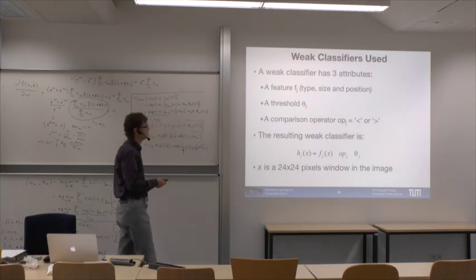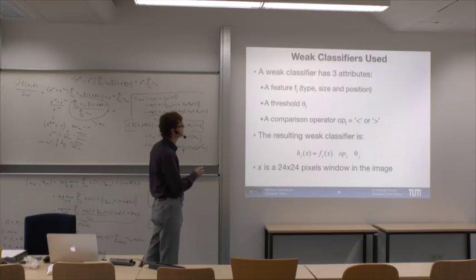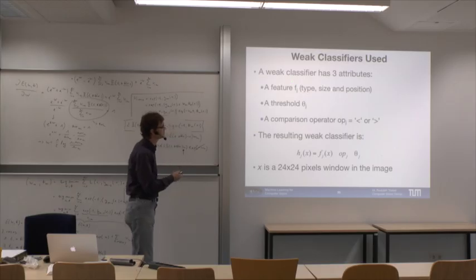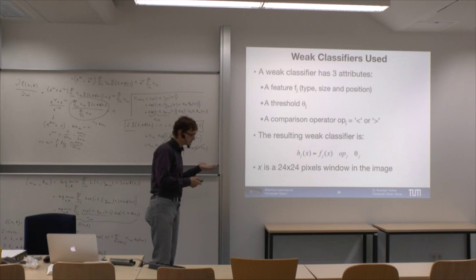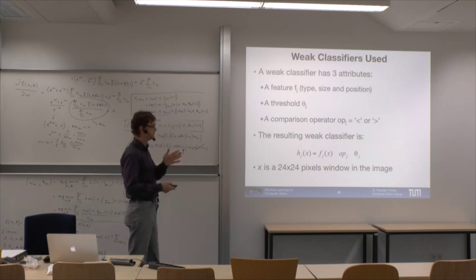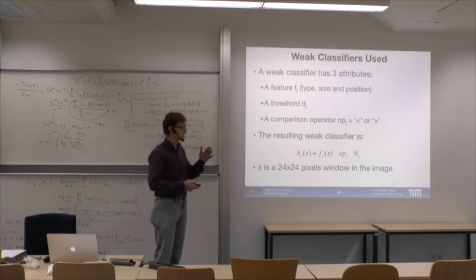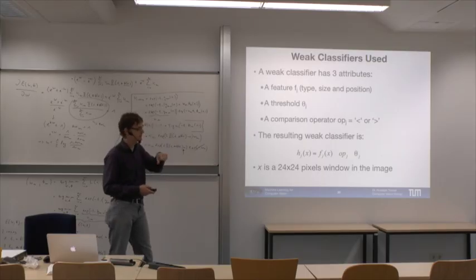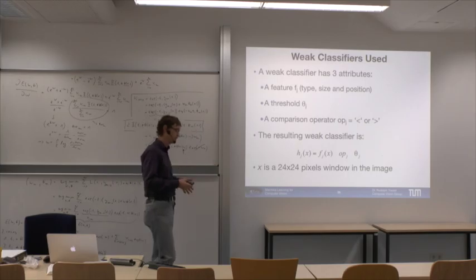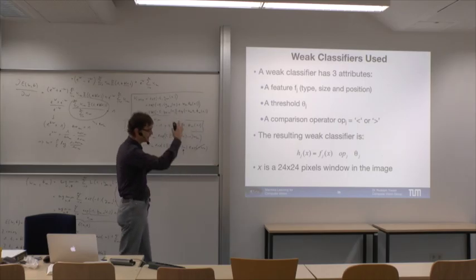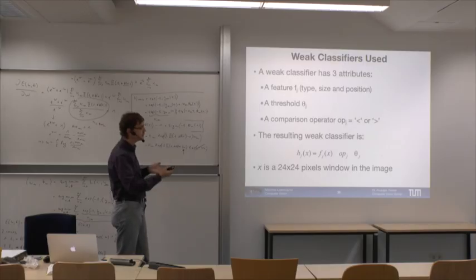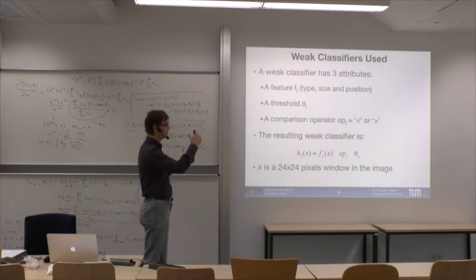Now, as weak classifiers, we have these three attributes. We can define different types, sizes and positions of your feature. Then we have the threshold that tells us where in the feature space I have to do the separation. And I have a comparison operator, which means it's a sign, +1 or -1. Again, if you imagine your decision stump, one thing is to find the right separation plane, and the other is to find the sign that tells you which class is on the left side and which class is on the right side.